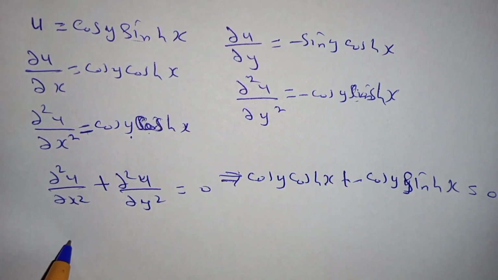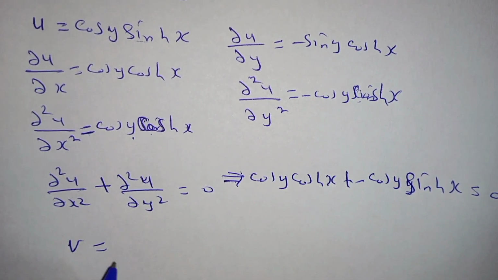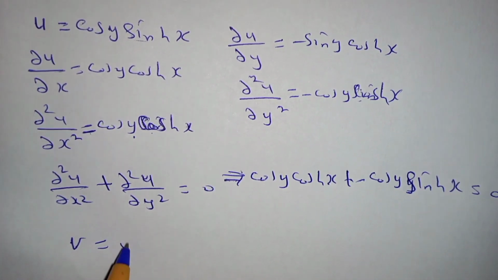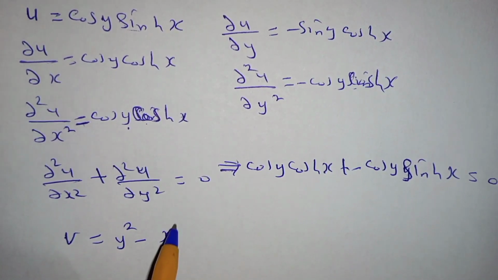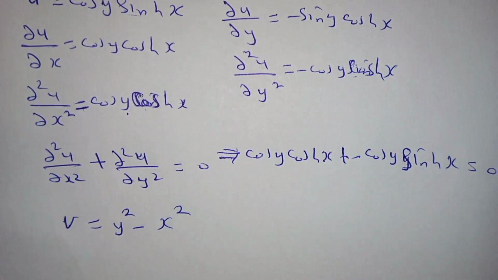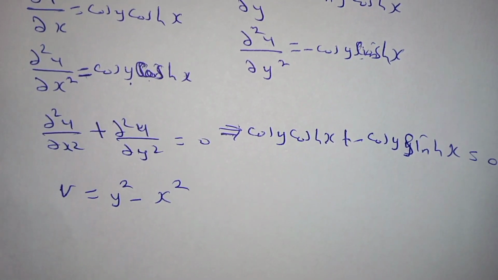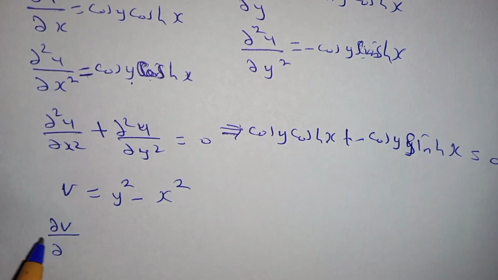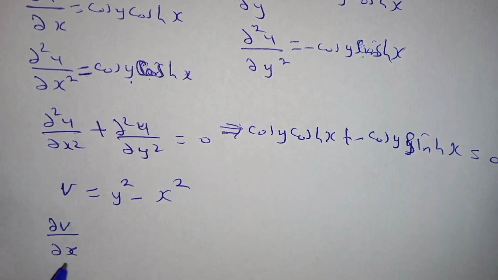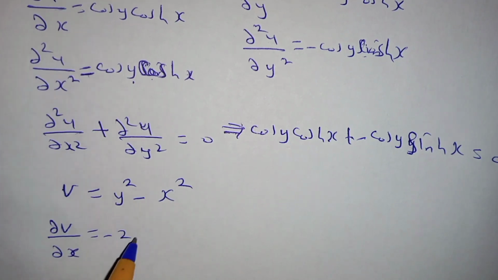So you could have this function v is equal to y squared minus x squared. To check whether it is harmonic or not, first of all, you get the partial derivative of v with respect to x, which will give you negative 2x.